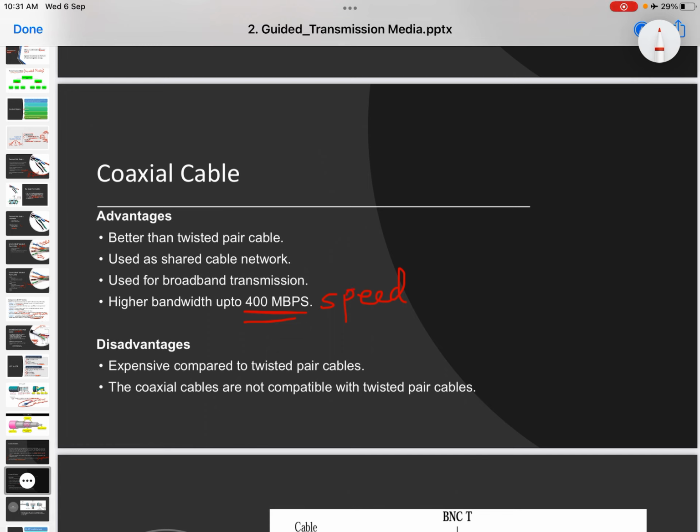Disadvantages: expensive compared to the twisted pair cables because it provides high frequency, high speed, and also a shield. Coaxial cables are not compatible with the twisted pair cables.